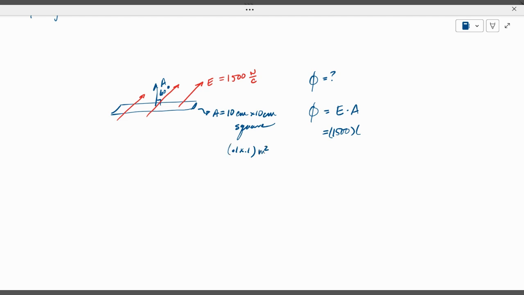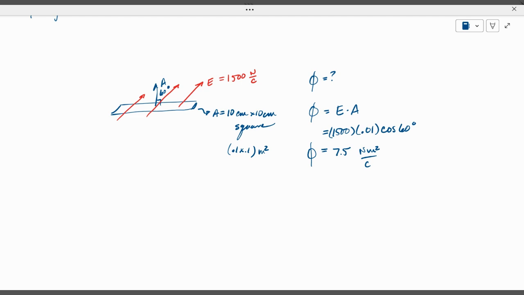So that's going to be 0.01. And then cosine of our angle between our area vector and our electric field vector is 60 degrees. So you can crunch your numbers and you get 7.5 newton meters squared per coulomb. All right. And that'd be the size of your flux. Straight plug and chug, good to go.